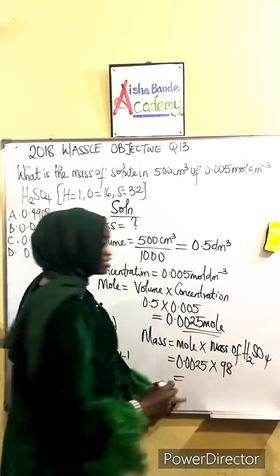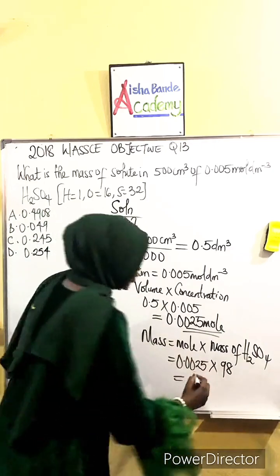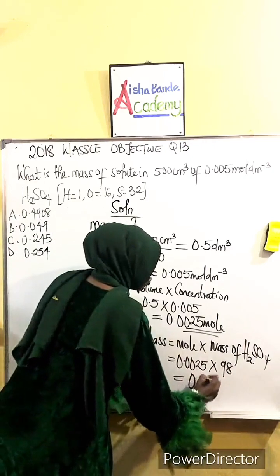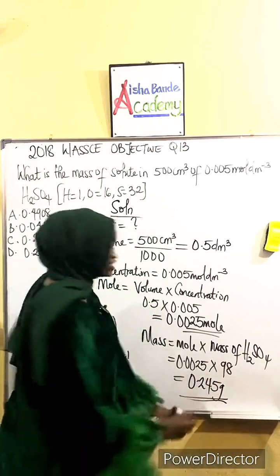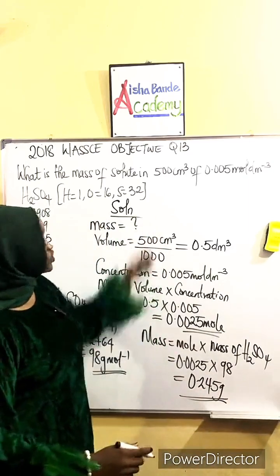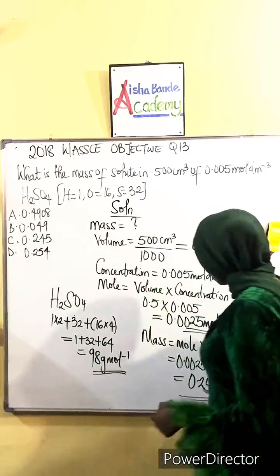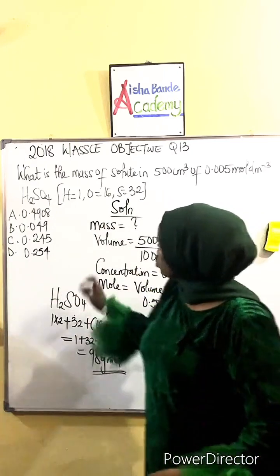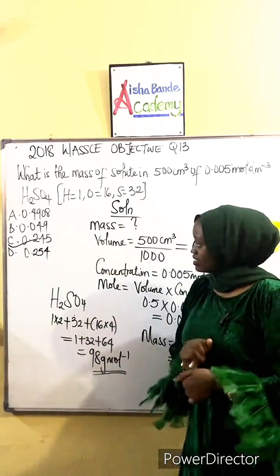So punching our calculator, 0.025 times 98 gives us a value of 0.245 grams. Okay, so this is our final answer from the question given. So looking at the options, 0.245 grams is going to be option C. So option C is the correct answer.